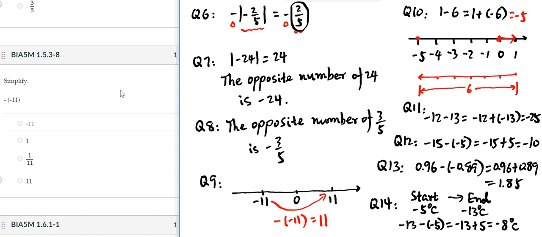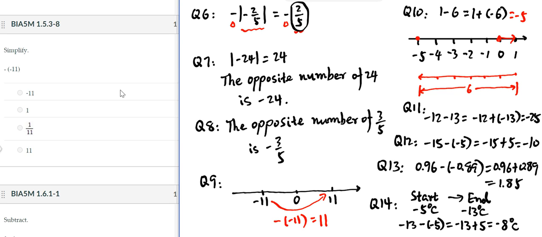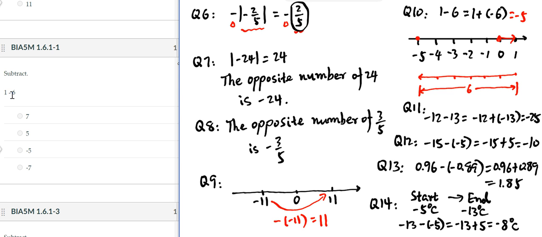Now, let's see the 1 minus 6. 1 minus 6 means what? Here is 0, here is 1. So what you do is you first have 1 and then add a negative number.